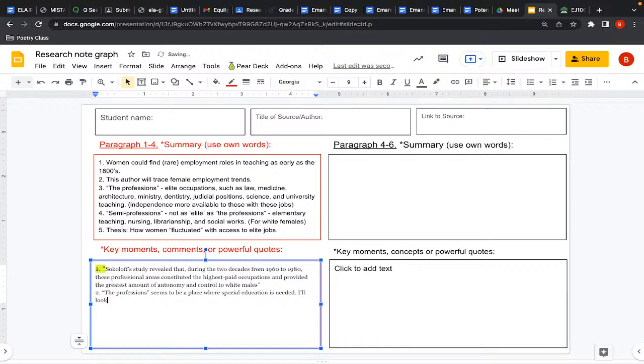I'll look forward to finding out about when and how women were able to access that education.